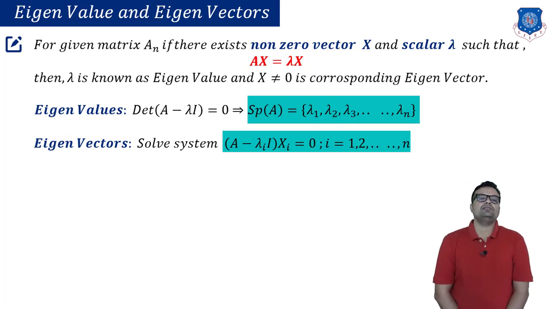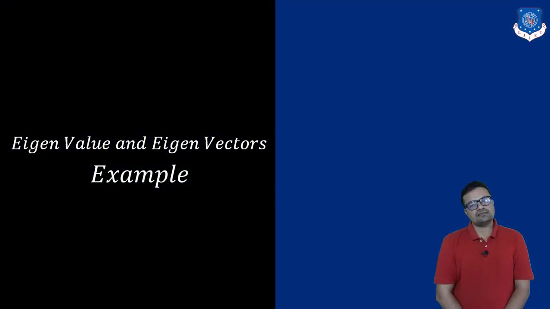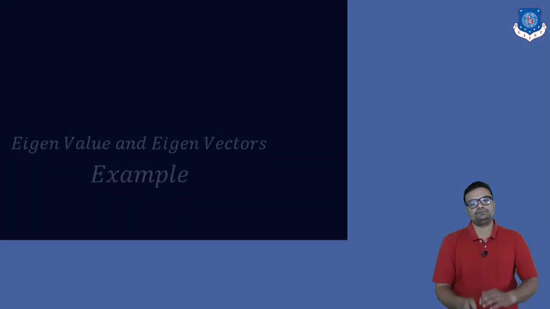In detail, I will tell you through an example. So this is all about eigenvalues and eigenvectors. Combined, it is known as the eigenspace of your matrix A. Let us consider one example. In this example, I will tell you how to find eigenvalues of the matrix and how to find eigenvectors.